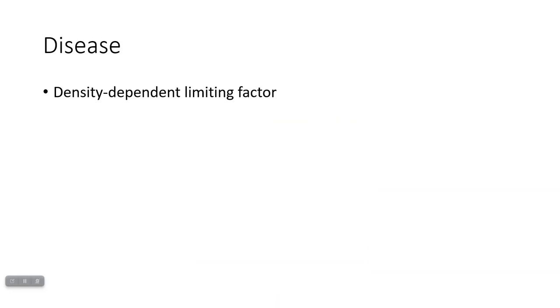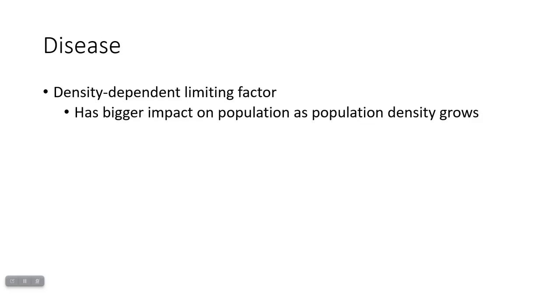So, just a reminder from units 1 and 2 that disease is what we call a density dependent limiting factor. What that means is that as a population grows denser, then something like disease will have a bigger impact on the population growth rate. So, when you have higher population density, you're also going to have higher spread of disease.